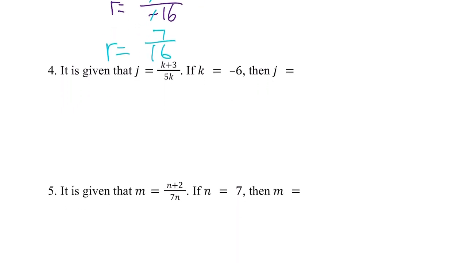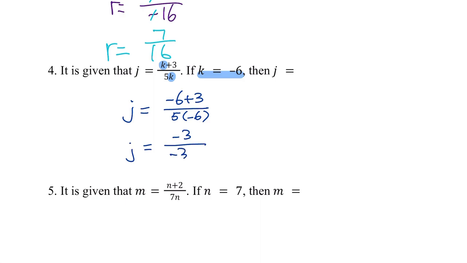Next one. What are we given? k is -6. Where is the k? k is here. k is here. Oops, and also k here. So you replace the k by -6 this time. So j equals -6 plus 3 over 5 bracket -6. Can you do the numerator for me now? -6, you're going up 3 steps. So you're at -3. How about the bottom? 5 times 6 is 30.